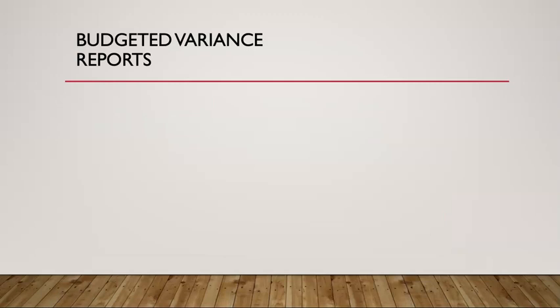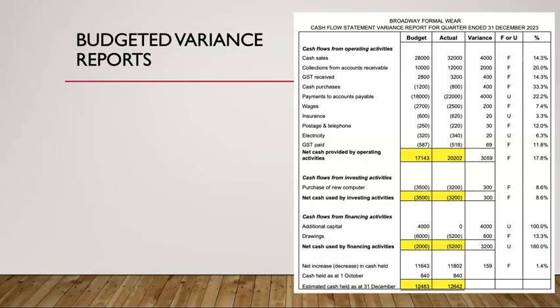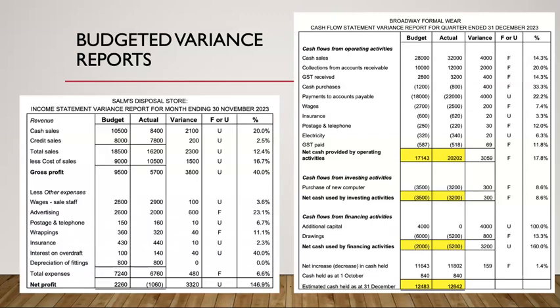So let's look at what one might look like when you're given it. These are some answers to some textbook questions, and you notice that they've also given the percentages. And they're quite more complicated when we get to actual questions. Here we have 2 different businesses, Broadway Formalwear, and this is a cash flow statement variance report.